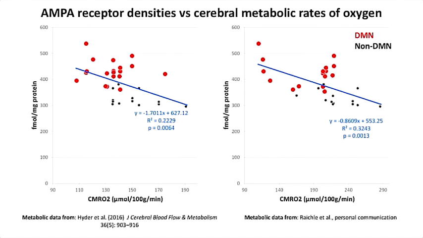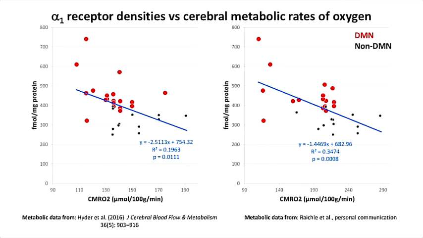Here you see in these regression curves, on the left side, always the data from the paper of Haider et al. about the cerebral metabolic rate of oxygen consumption.